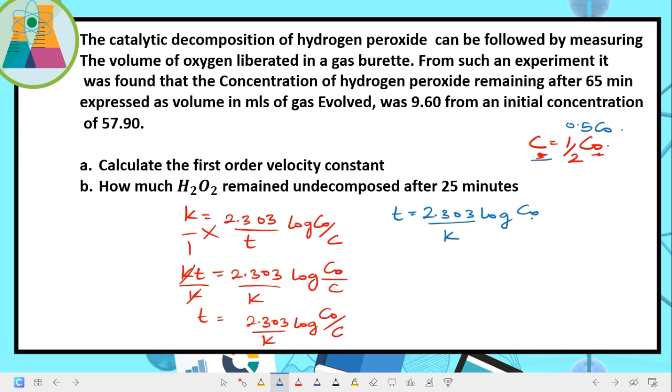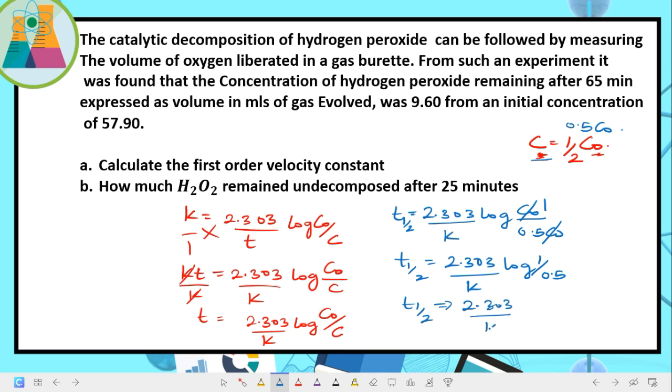So this gives us CO all over 0.5 CO. Now, CO can cancel CO. What are we left with here? 1. So the t half, let me represent it with t subscript half to show that it is the half-life, is 2.303 all over K, then log 1 over 0.5.